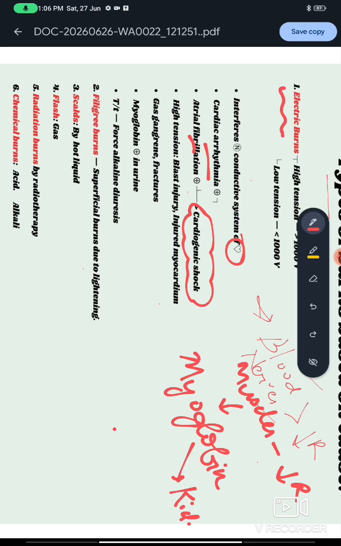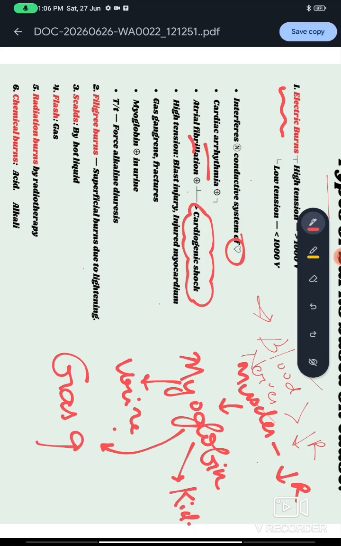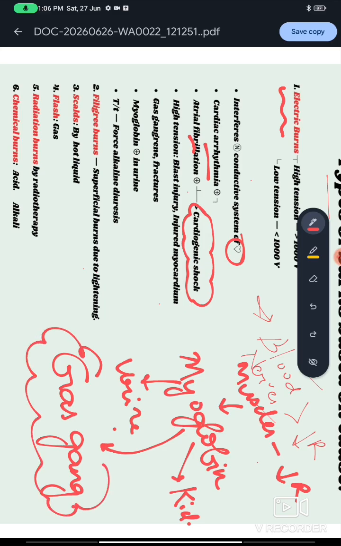Also, myoglobin is excreted in urine, and the excess of myoglobin and partially damaged muscle can act as food for the bacteria, ultimately leading to gas gangrene formation. Gas gangrene is formed by Clostridium welchii. Now, to remove myoglobin from the urine, the treatment of choice is alkaline diuresis.